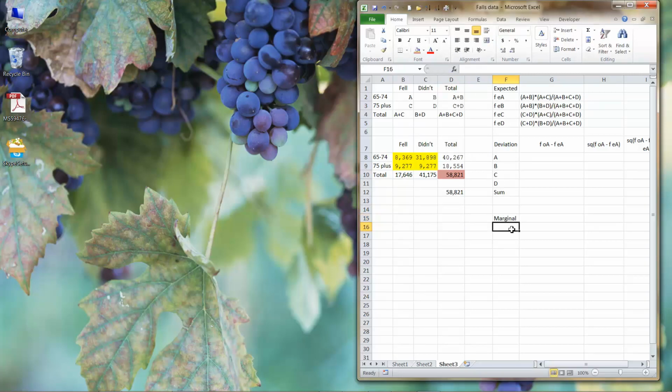The marginal probability of young is the total young, which is A plus B, divided by the total.